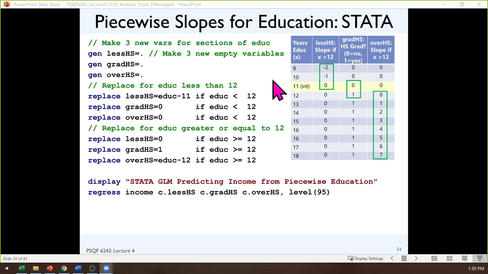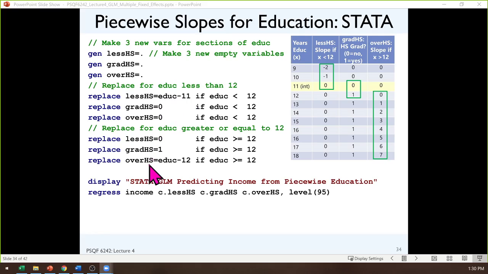Here's the Stata code. Same ideas, slightly different way of writing the syntax. First step is to generate 3 empty variables. That's what the dots mean, is missing values. And then replace what each variable is going to become with the conditional logic at the end. So if education is less than 12, then the first one is education minus 11 and the other 2 go to 0.